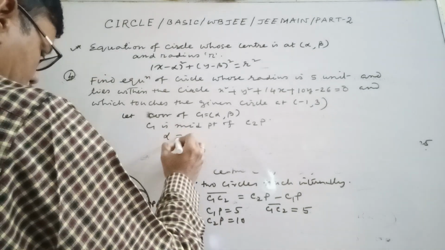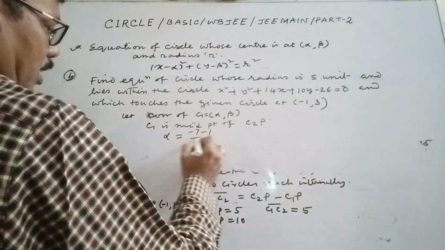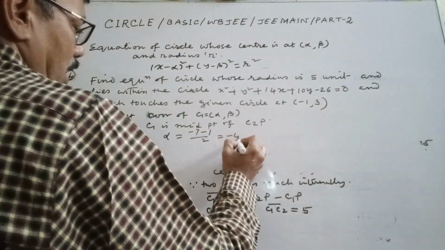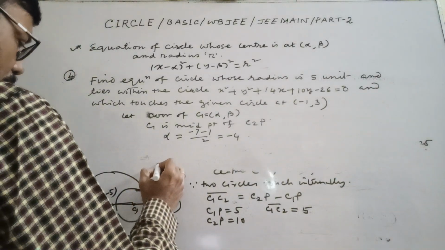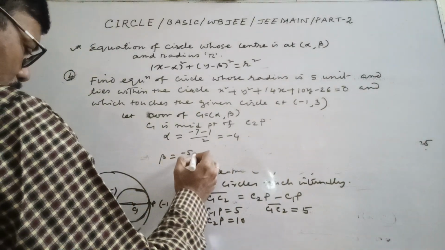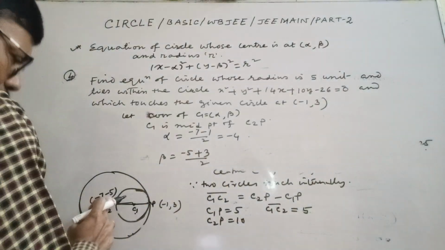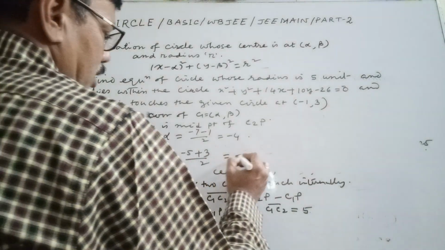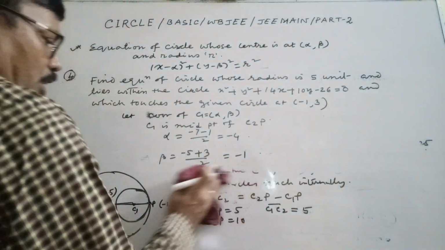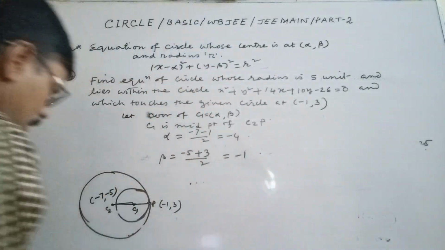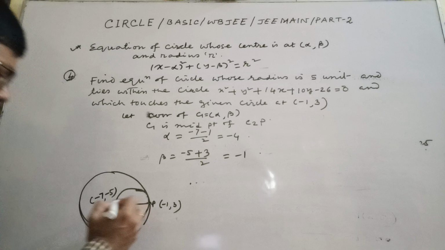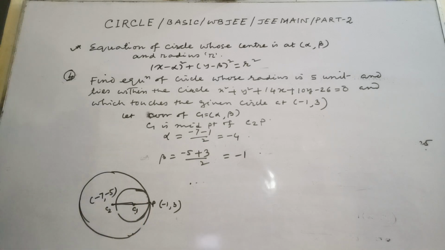So alpha equals minus 7 minus 1 by 2, this is minus 4. And beta equals minus 5 plus 3 by 2, this is minus 1. So we are getting the coordinate of C1, that is the center.